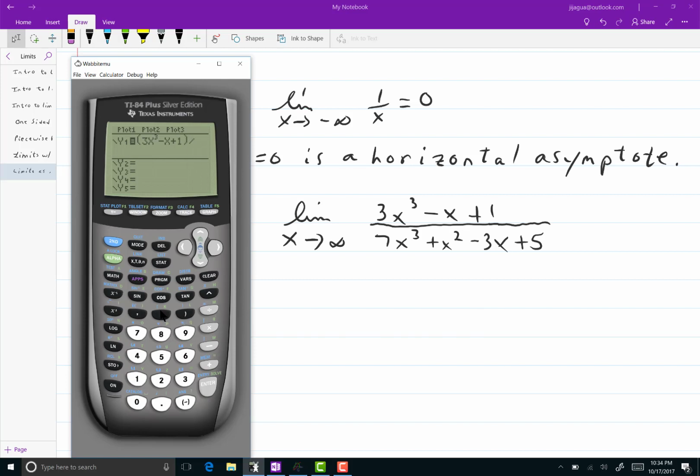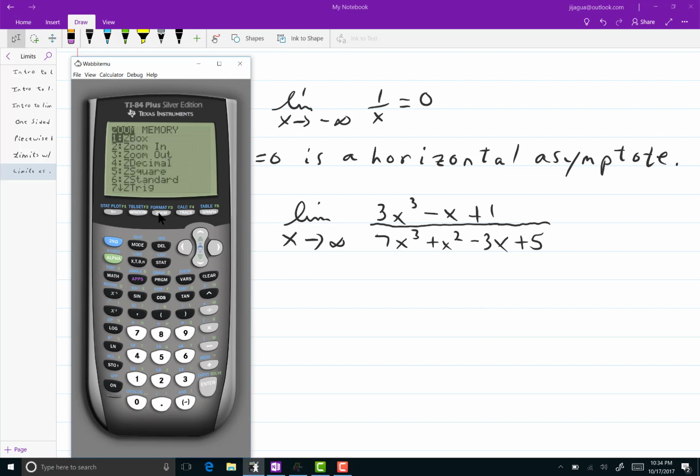Now start a new parenthesis. 7x cubed, come down off of that, plus x squared minus 3x plus 5. Finish the parenthesis.